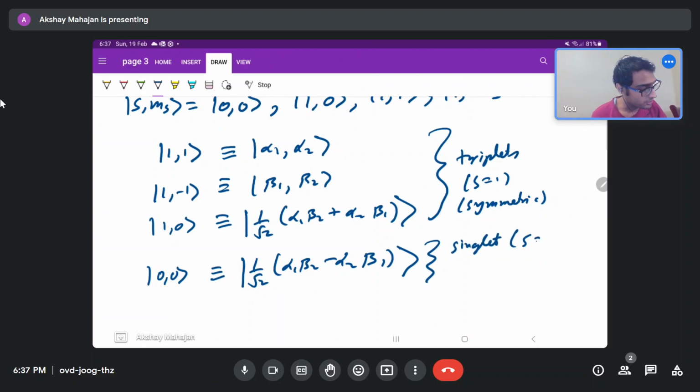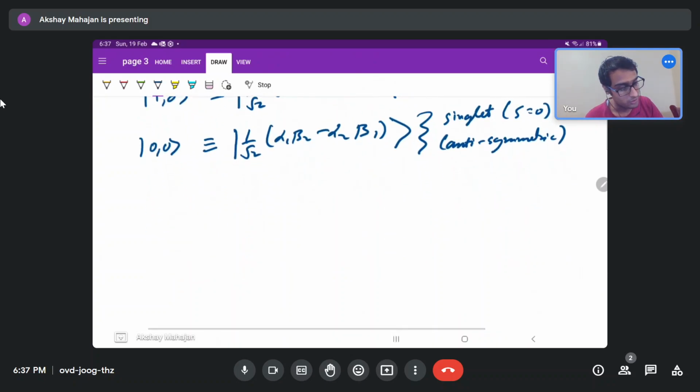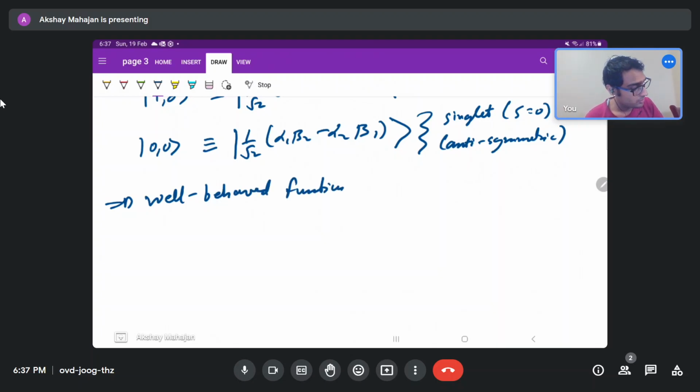This is for s equals 0, and this is antisymmetric. So our well-behaved wave function psi will be given by this phi plus, which is our ground state, times 1 by root 2 (alpha 1 beta 2 minus alpha 2 beta 1).